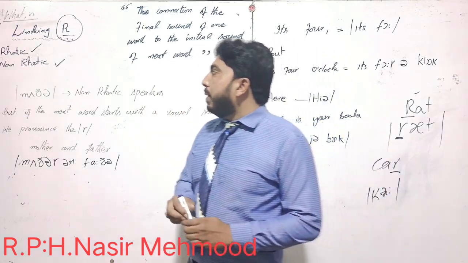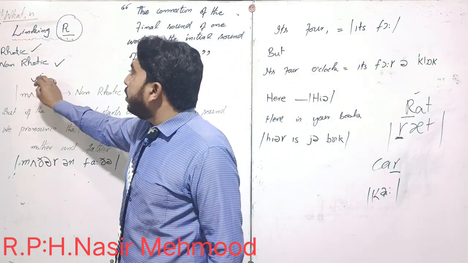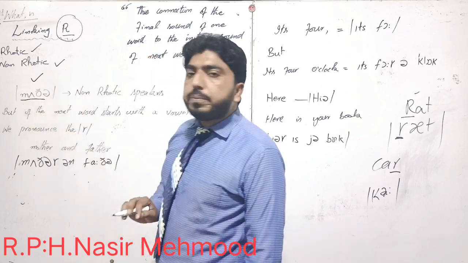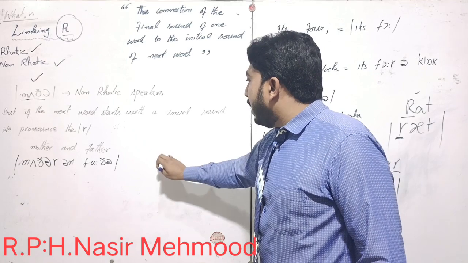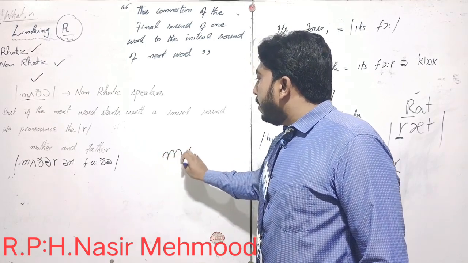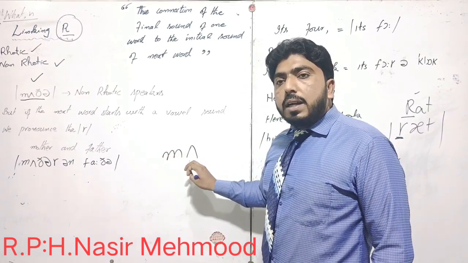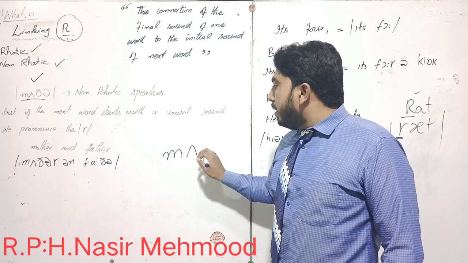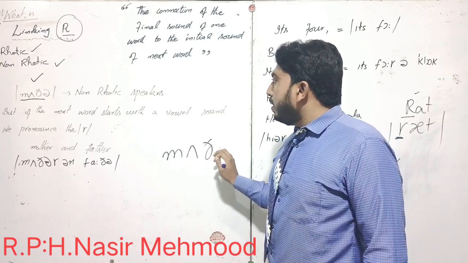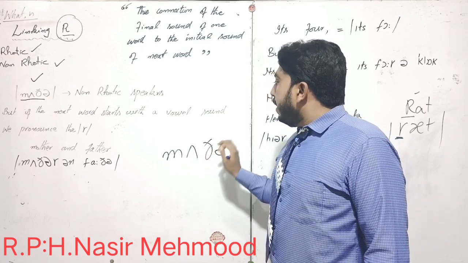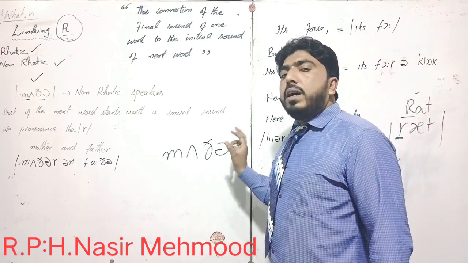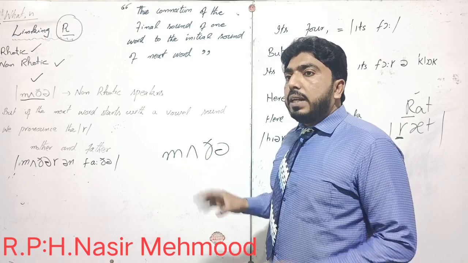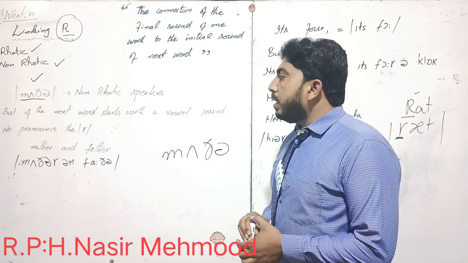Just look at the example. For example, we have in isolation the word mother. This is the transcription. Let me write it once again. This sound is cut, and in isolated form, we don't pronounce the R. Why? Because English is a non-rhotic language.